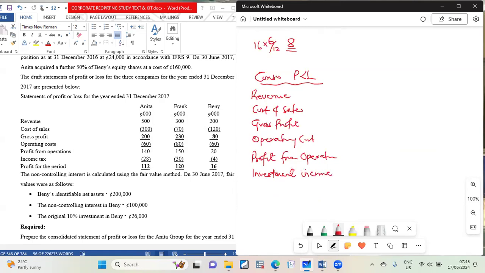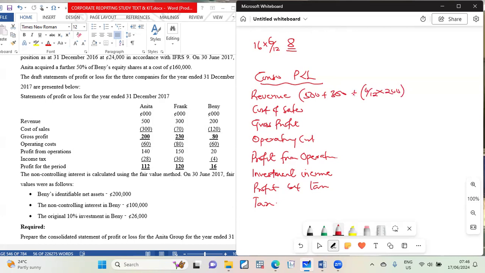All right, so then we have profit before tax. Then we will have tax. All right, so that is that. How do we do this part of? So we have Anita's own to be 500 plus 300 plus 6 months of Benny.